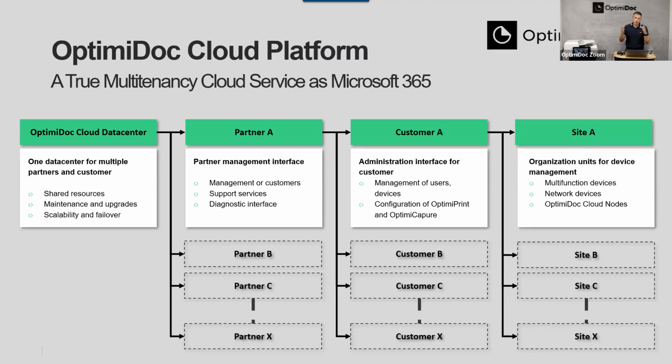Even more, we add the possibilities to manage also different sites. So thanks to this, you can manage different locations from one place, from one page, and, for example, define which printers are going to be installed for the particular users or for the particular group. So that's the true multi-tenancy solution.